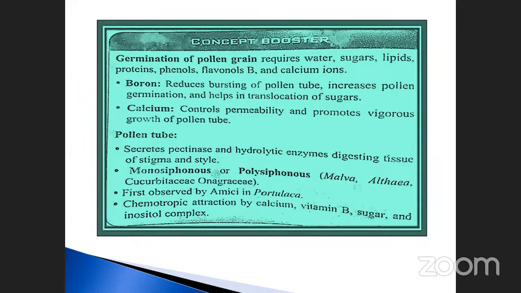Boron, I already told you, is very important for the germination and maturation of the pollen grains, and calcium is also very important for the permeability and promotes vigorous growth of the pollen tubes. It is also very essential.